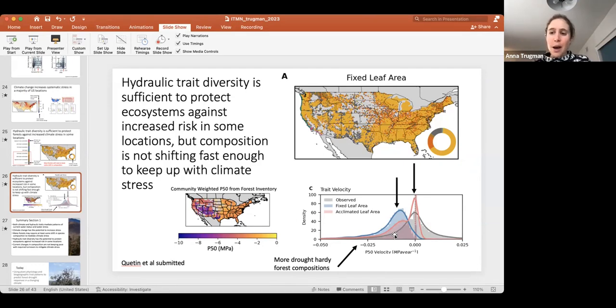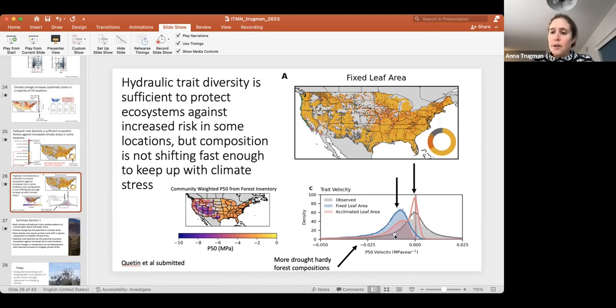So we used an optimization based approach where we optimized leaf area to maximize carbon gain over the 20-year future period. And we did a separate optimization over the historical period. That acclimation in leaf area does have substantial potential to mediate stress, but it still doesn't fully mediate all of the future climate stress that we expect to see, at least in the United States.